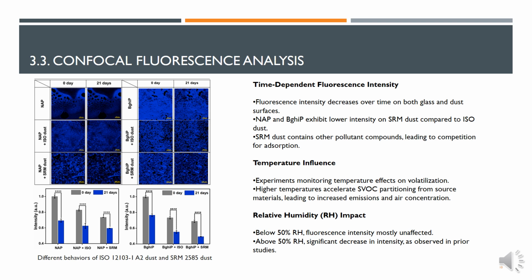For PAHs to absorb onto this dust, they must compete with those substances. In other words, the substances present in the SRM dust compete or interfere with absorption of naphthalene and benzopyrene.